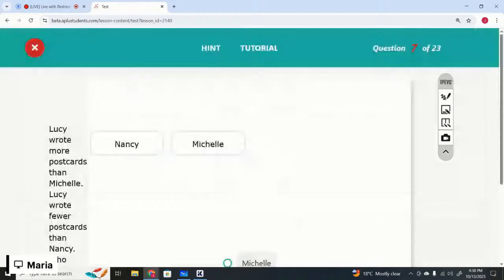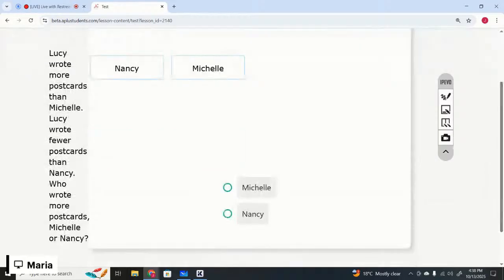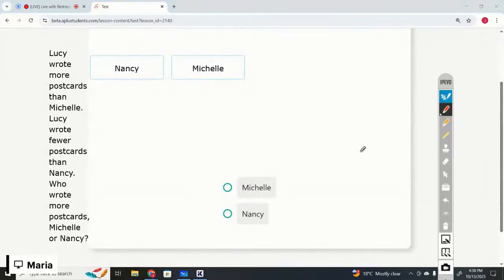Okay, the next one is: Lucy wrote more postcards than Mitchell. Lucy wrote fewer postcards than Nancy. Who wrote more postcards, Mitchell or Nancy?